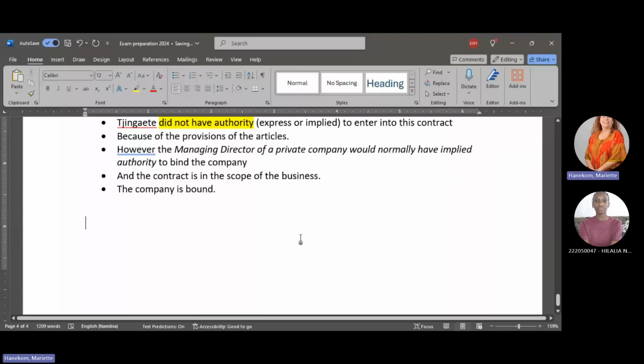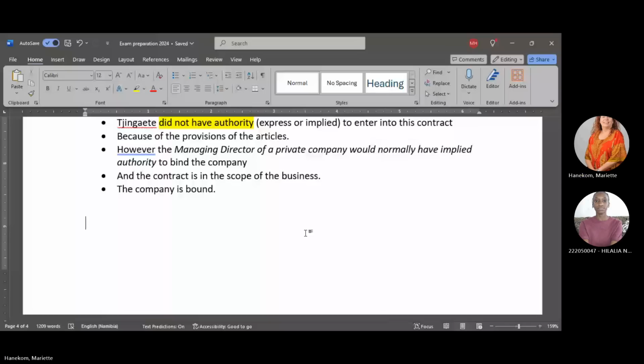I got some horrible things. Biggest mistake, students telling me that he had implied authority. No, he did not have implied authority. Other students said that because he did not have Omilongo's signature, the contract is not valid. That is absolute nonsense.